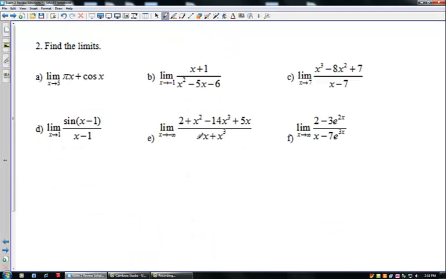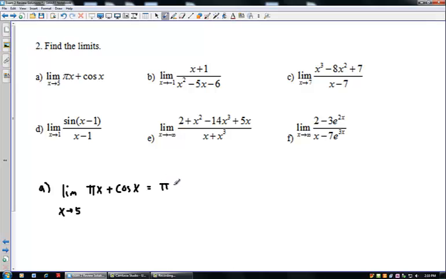The next problem we want to look at is a series of limits. And so we're going to start here with part A. We're going to take the limit as x goes to 5 of pi x plus cosine of x. The idea of working with a limit when you're using a formula is just to first plug in the points. So let's plug in 5.